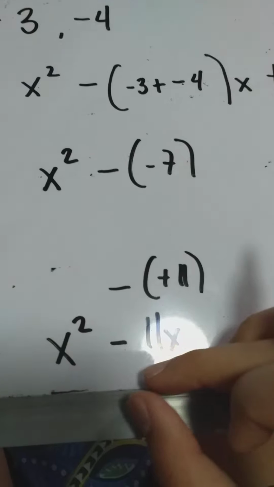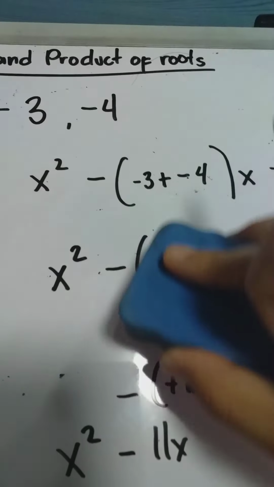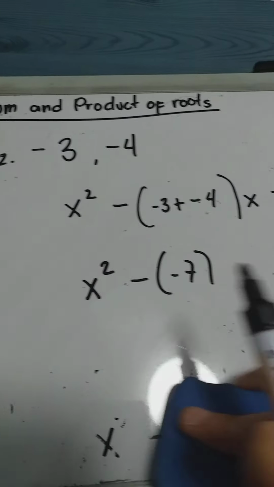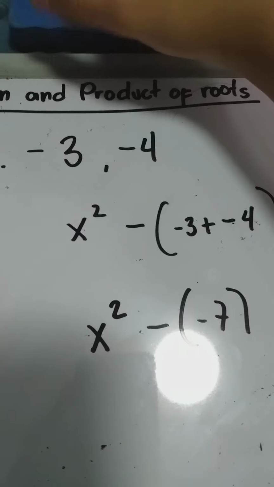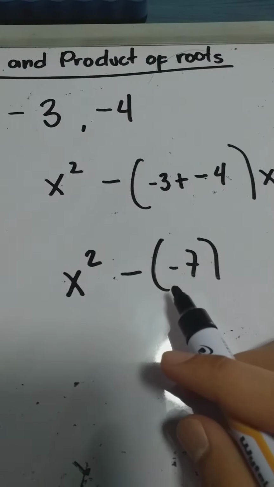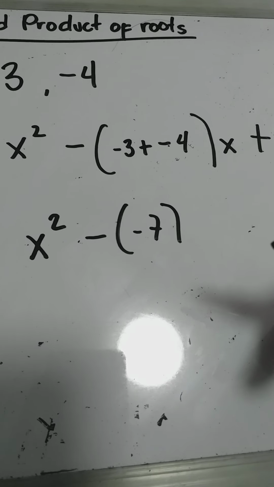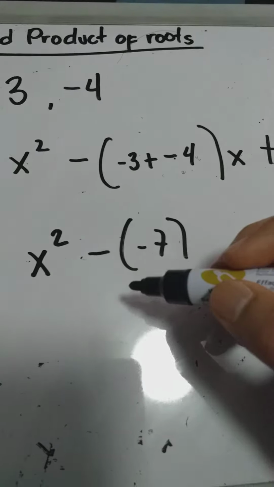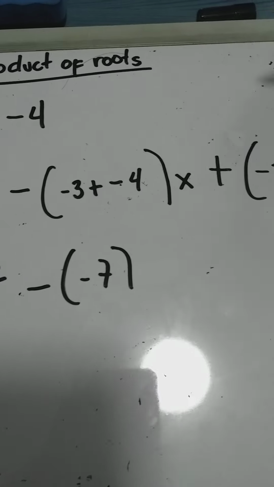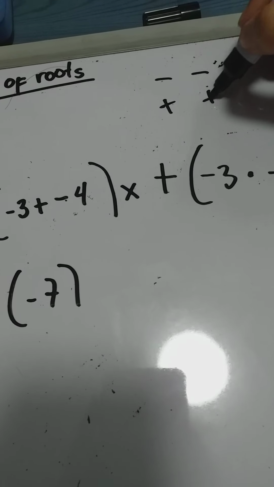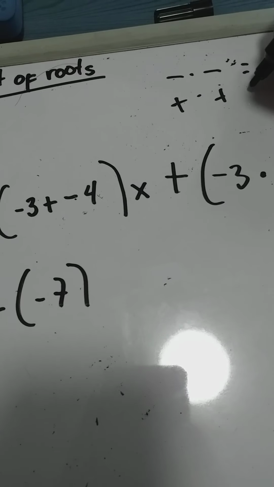It becomes a -11x. But what if the one inside the parentheses is a negative sign? It's the same thing. It's negative times a negative. That's correct, it becomes a positive, because if you multiply similar signs together, they become a positive.